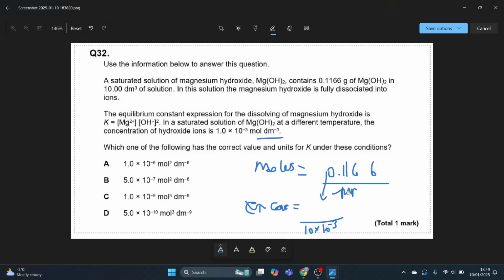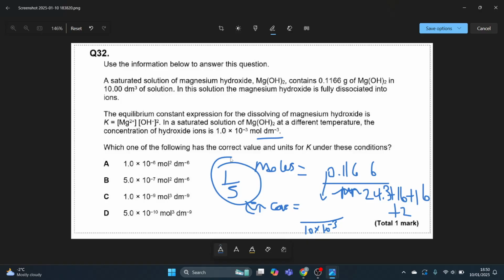So the MR is going to be 24.3 plus 16 plus 16 plus 2. And then I do my answer divided by 10 times 10 to the power minus 3. I get 1 over 5 as a concentration. And that is the concentration of magnesium hydroxide.